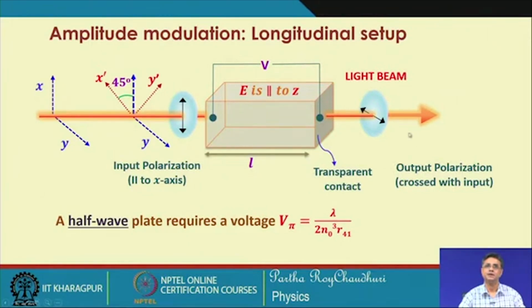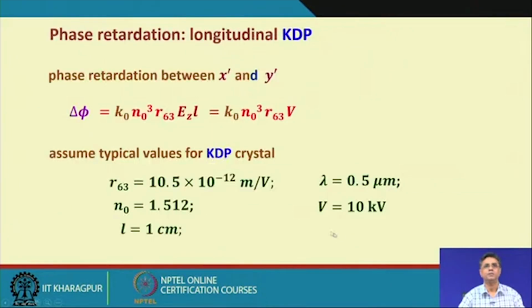In that case, the output light will be amplitude modulated, and the half wave plate voltage that is required for this is V pi, which is lambda by twice n 0 cube r. So, this should be r 6 3, not 4 1.